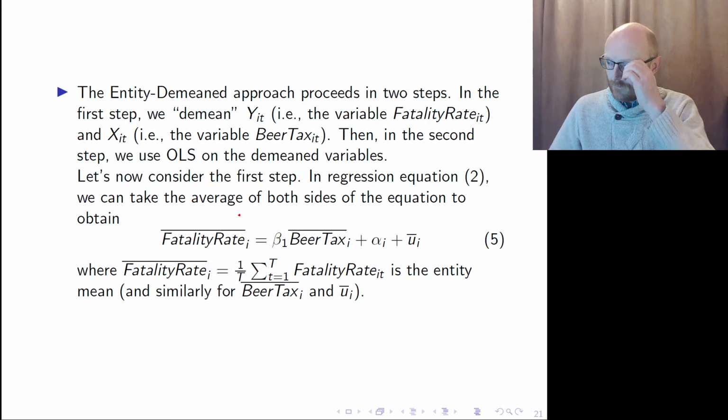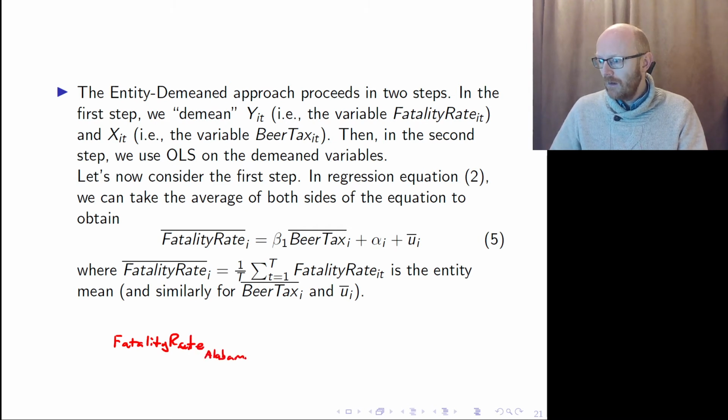So here we would have, for example, the mean fatality rate for Alabama equal to 1/7 times the sum, and the sum is just numbers added together, right?